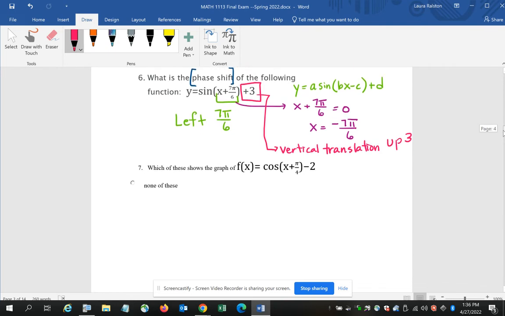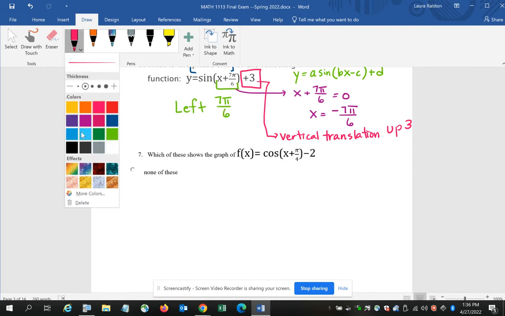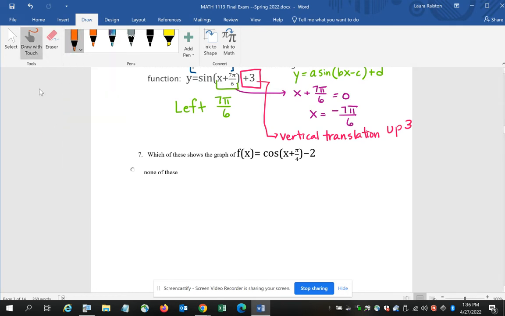Question 7 asks you which of these shows the graph of cosine of x plus pi over 4, minus 2. You need to be familiar with your transformations in order to make that decision. I have this minus 2, so that tells me my graph of cosine is going to be shifted down 2 units.